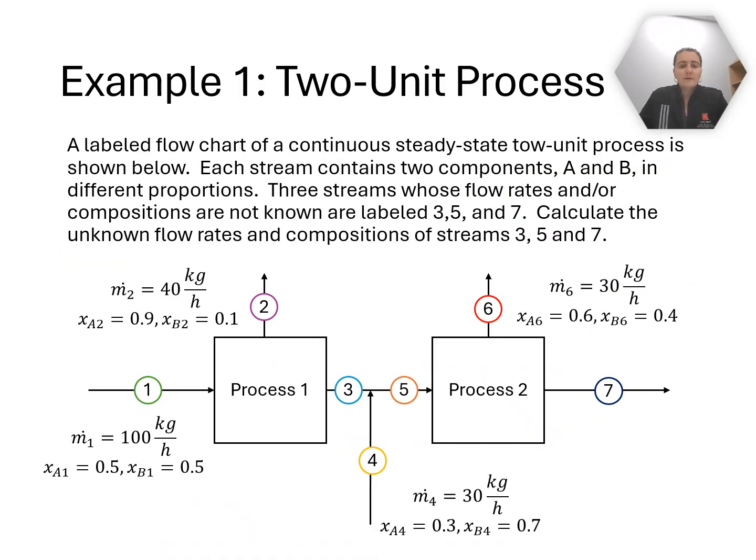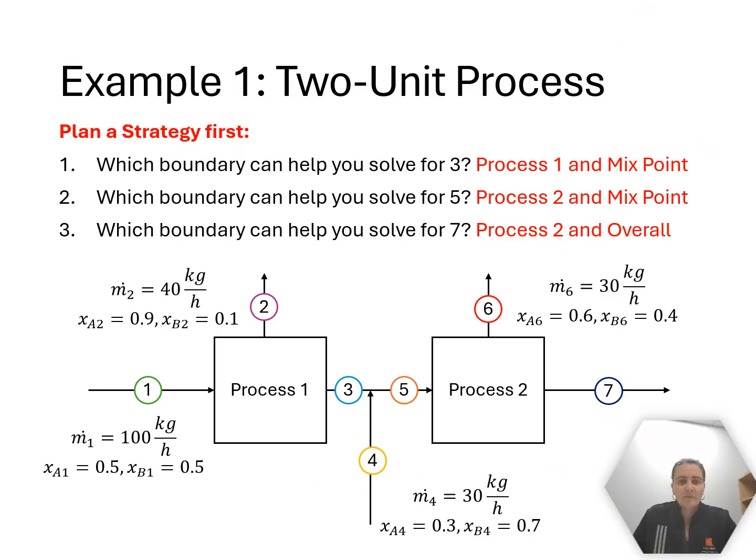Okay, so if we were to label this flow diagram with a little bit more information, I've added information about stream 1, 2, 4, and 6. So if we're trying to find 3, 5, and 7, how would we do that? Like, what is the boundary that makes the most sense? Let's talk through that.